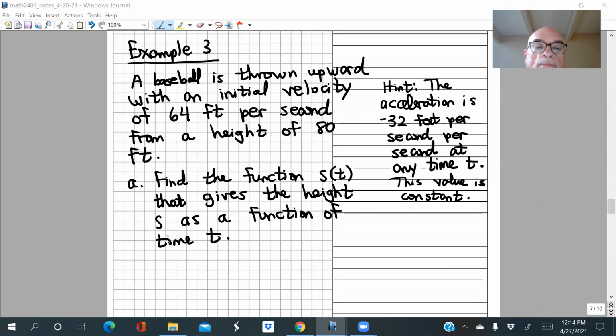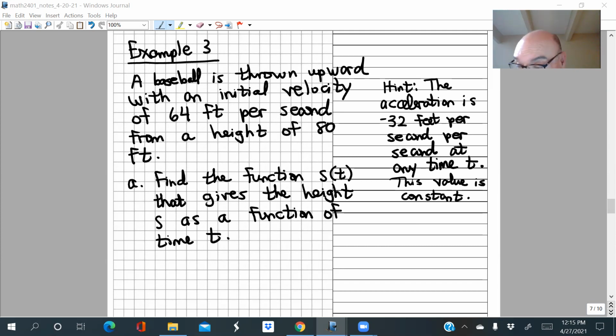We're just kind of making up numbers here, but it has an initial velocity of 64 feet per second. So I'm throwing the baseball up into the air, and when it leaves my hand it has a velocity of 64 feet per second. So it's going up, because this velocity is positive. So it's going up at a rate of 64 feet per second, right?